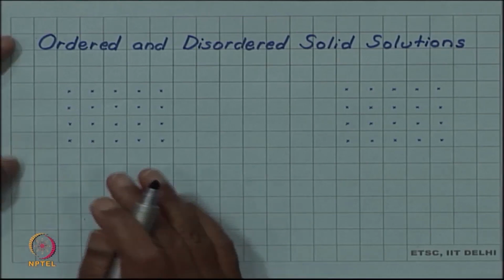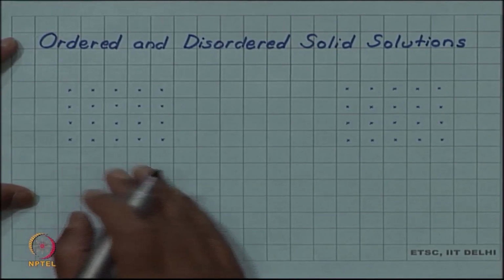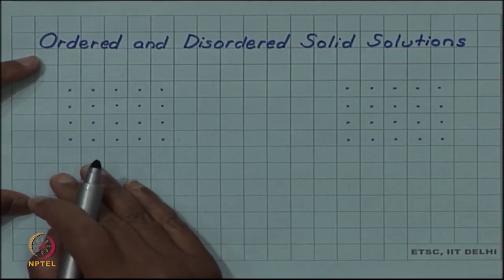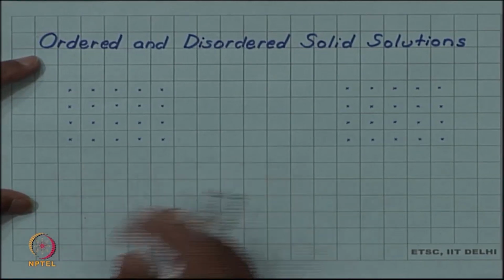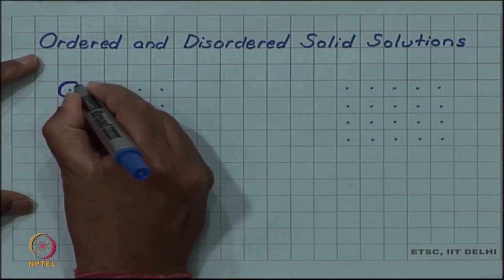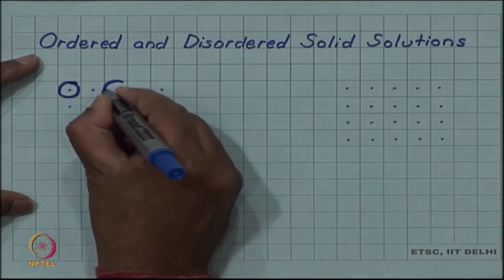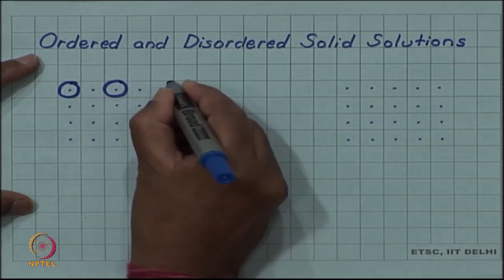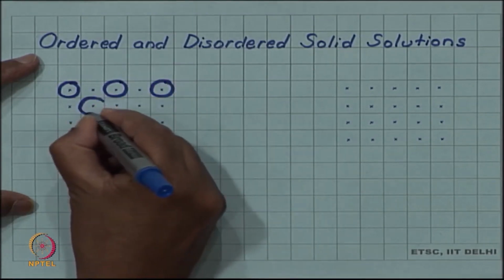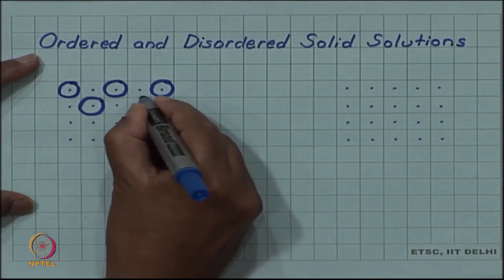I wish to do it in a nice orderly fashion. So, what I will do? I will put A and B atoms at alternate locations. Let me put A atoms first. The blue atoms are my A atoms, and I am putting them at alternate locations on these atomic sites.